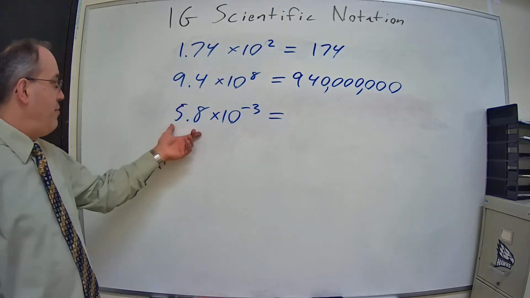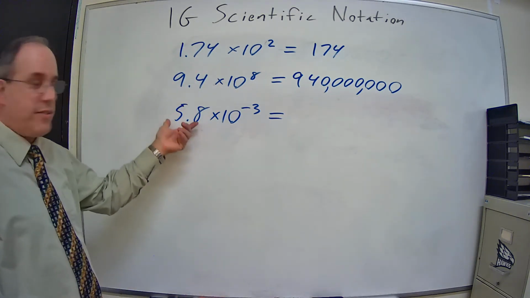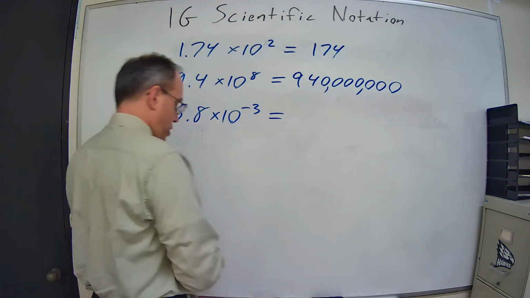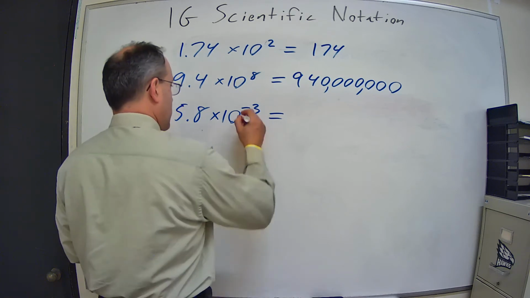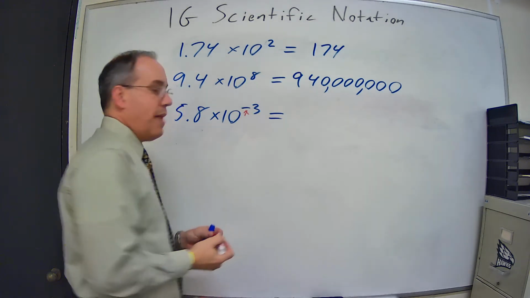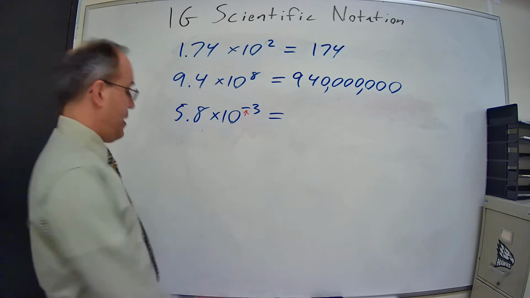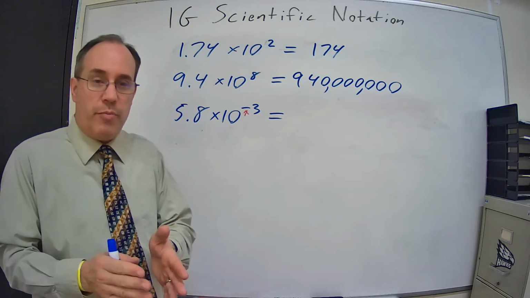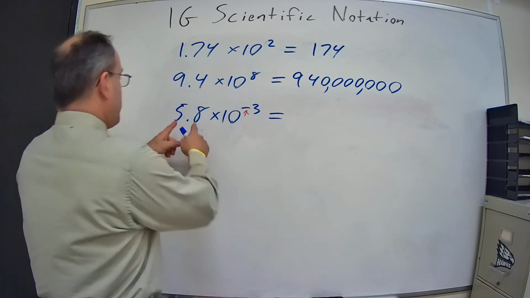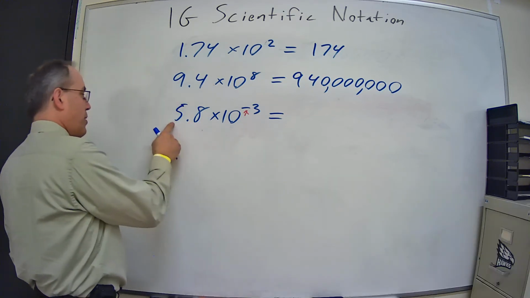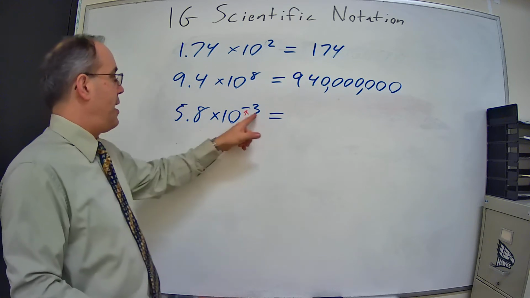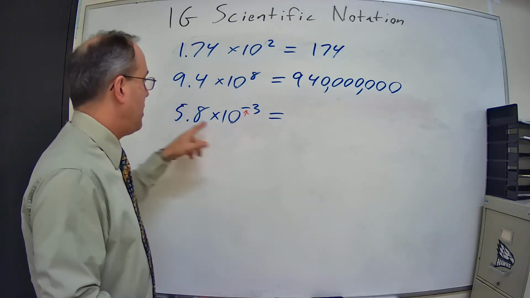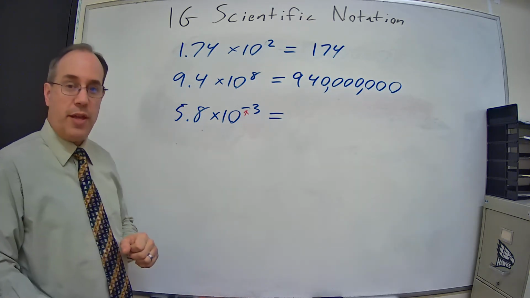Well, now we have a number between 1 and 10, right? So times 10 to the negative 3. This negative sign right here is telling us that we're going to be dealing with a smaller number. If we want this to be a smaller number, that decimal point is going to move to the left. And it moves to the left by 3 places.